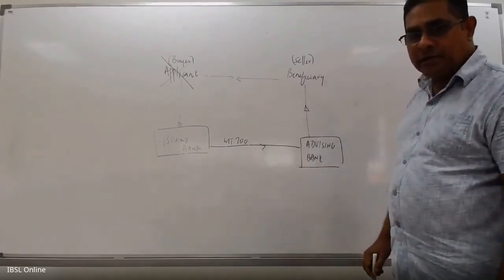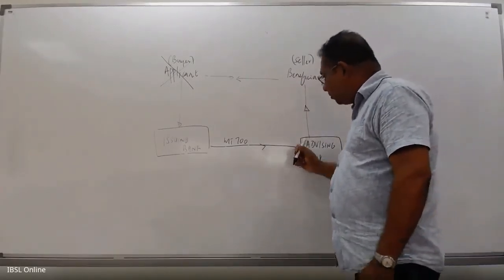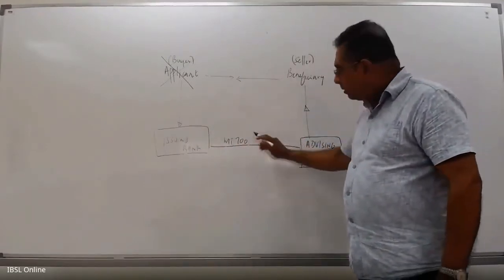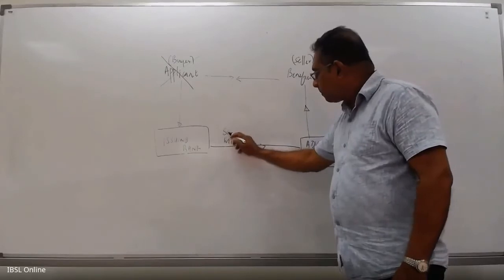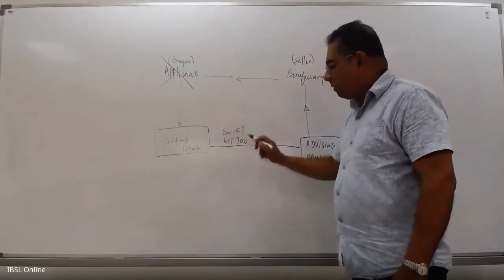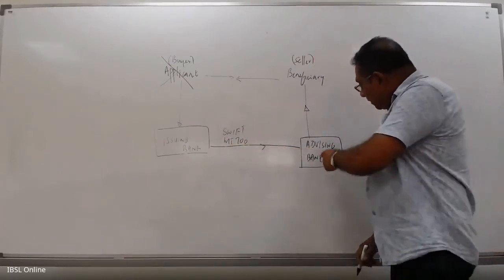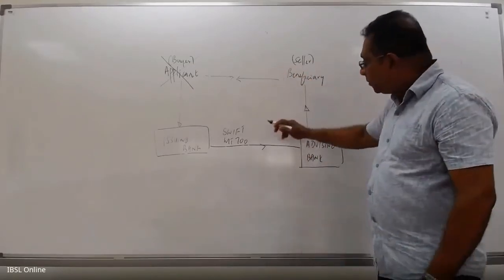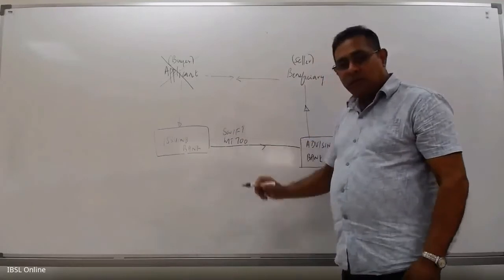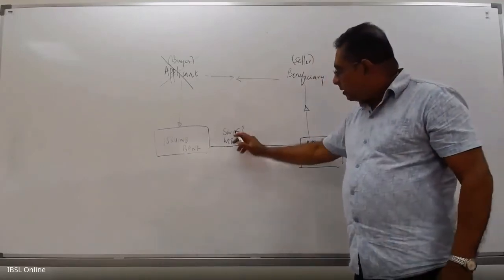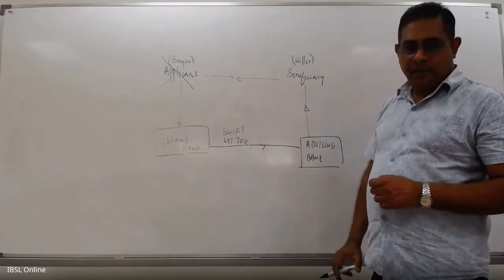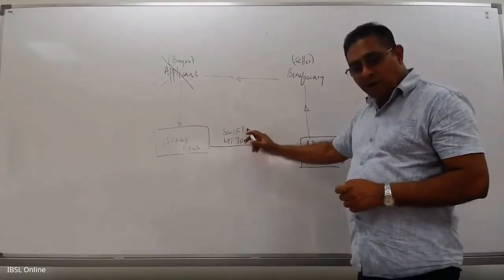And the advising bank will advise the beneficiary not only on the receipt of the LC. Now see, how is the issuing bank sending the LC to the advising bank? By a SWIFT format. But in turn, the advising bank cannot send the beneficiary the SWIFT format, because SWIFT is the Society for Worldwide Interbank Financial Telecommunication.